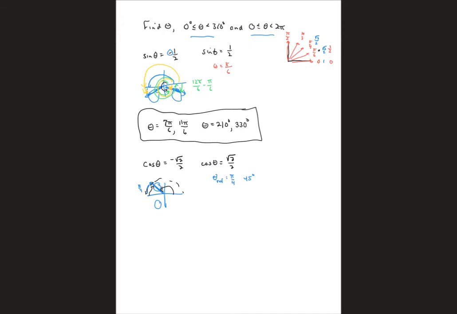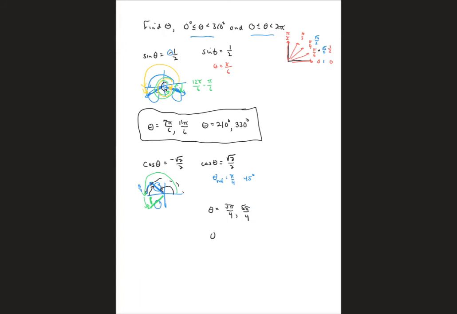So 4/4 pi minus 1/4 pi is going to be 3/4 pi, or 3 pi over 4. Similarly, this angle in quadrant 3 has a reference angle of pi over 4, so we can go pi, which is 4/4 pi, plus another 1/4, which makes that 1 1/4, or 5/4 pi, or 5 pi over 4.